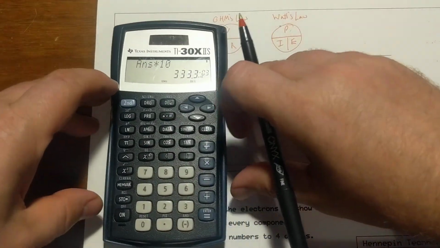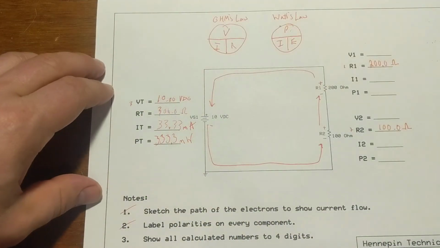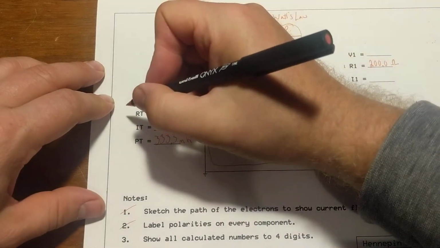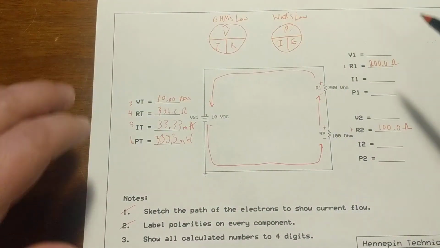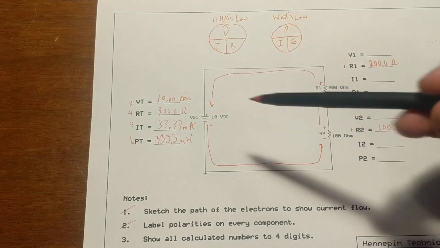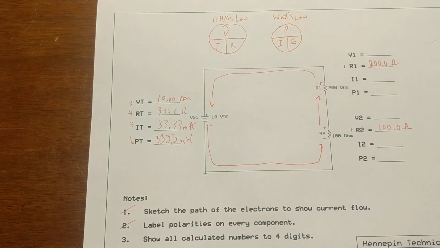Okay, so now we know our totals. And the order that I did that is 1, 2, 3, 4, 5, 6. You don't have to label the orders, but I found when I was doing tons of these things in school that it helped me work backwards if I had a mistake.